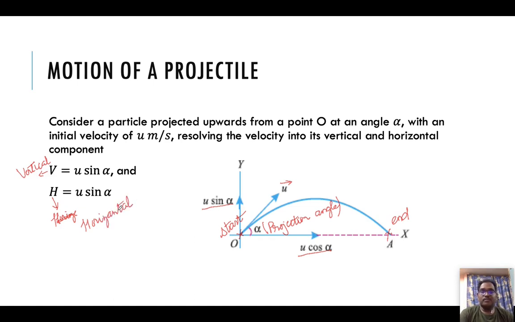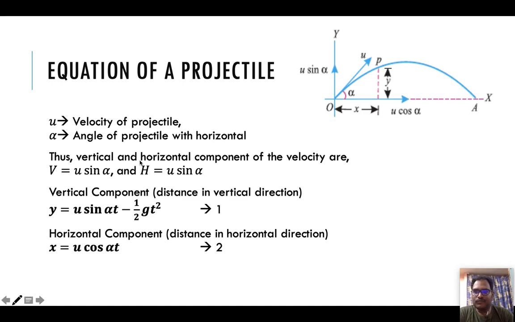Okay. So your object is prone to have two velocities. One is the horizontal component, another is your vertical component. Please make a note, the horizontal component will have u cos of alpha. It's not u sin alpha, it is u cos of alpha, right? Okay, so now we'll look into the definition, or the derivation basically.